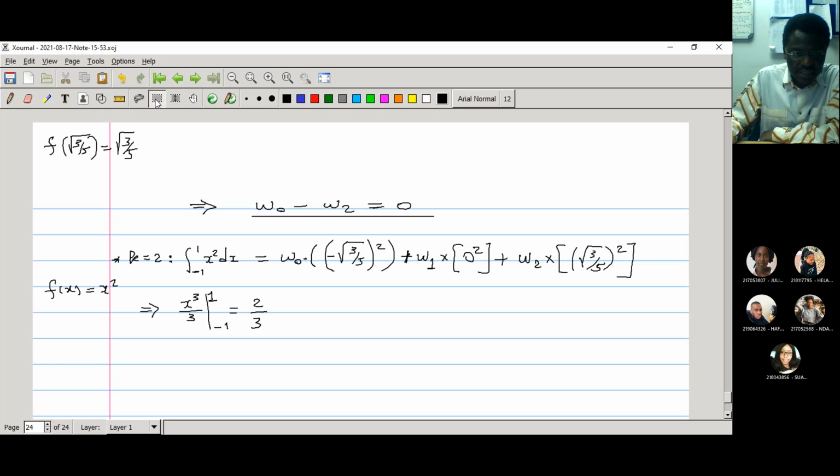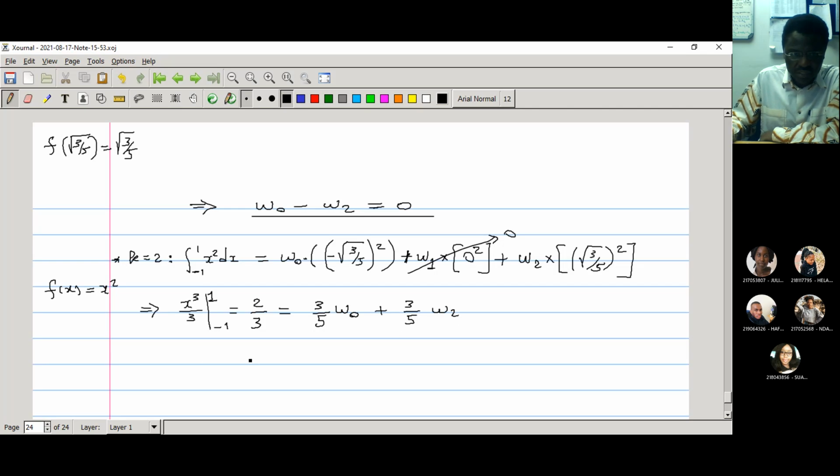And this is equal to what? This is equal to this side. So now, what is this? This is 3 by 5. So I can say 3 by 5 W0 plus, this is 0. 0 times anything is 0. So it will be 0 here. Now, plus this. So this, when I square, it's 3 by 5. So 3 by 5 again, W2.